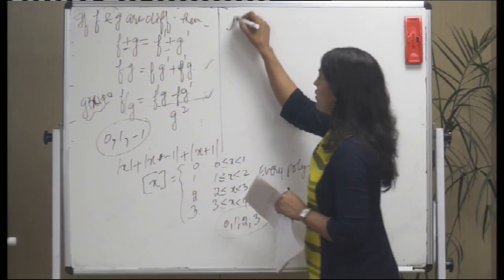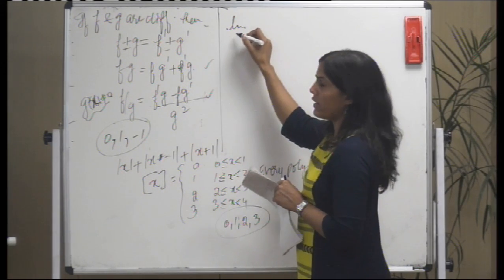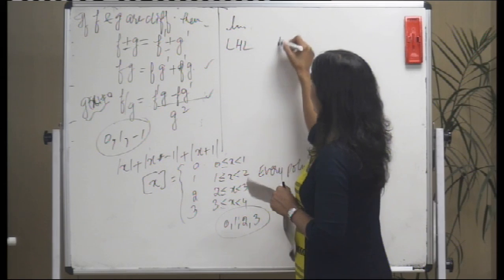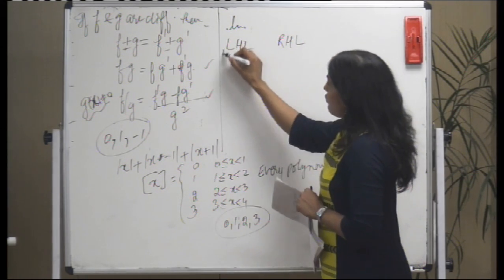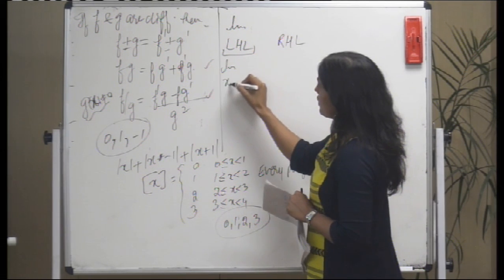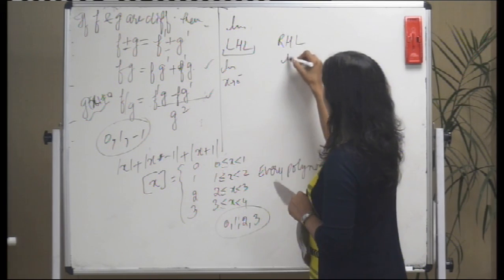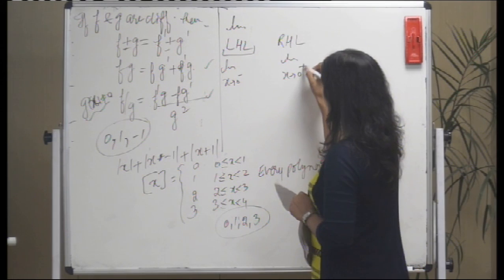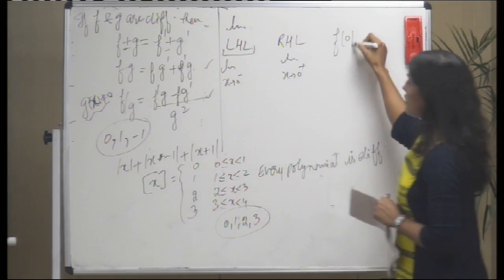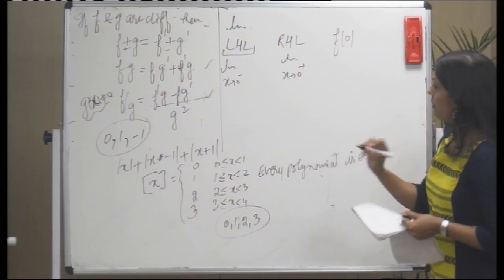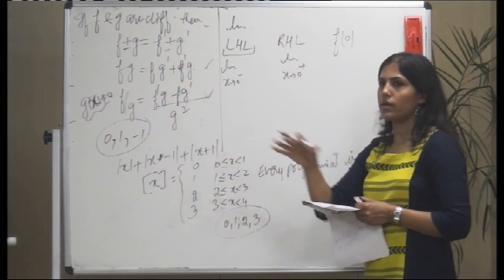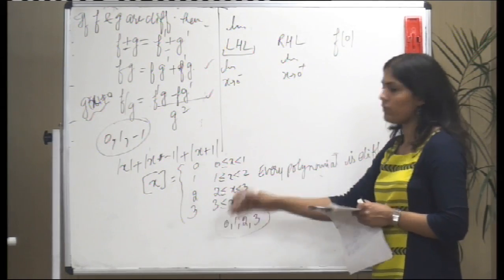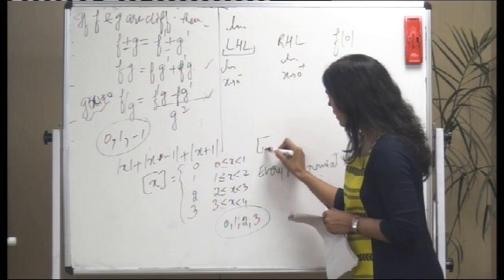For any point you check left and right. Left limit means the limit extending to 0 minus. Right limit means 0 plus, and then f(0). Here in this question, if my left limit has no meaning, I am not bothering because my function is within the interval 0 to 3.